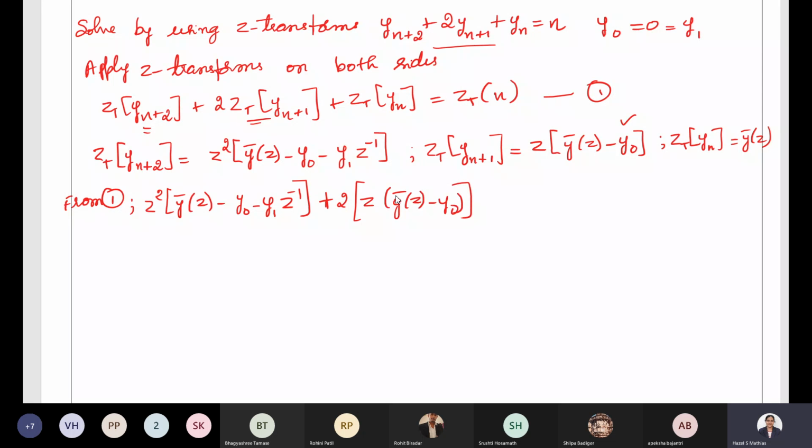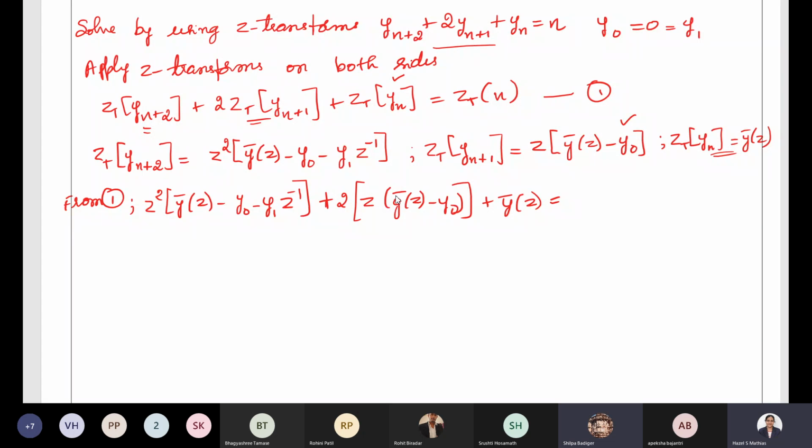Plus the third term, Z transform of y(n), which is y bar of Z. That is equal to Z transform of n. What is Z transform of n? Anybody remember?